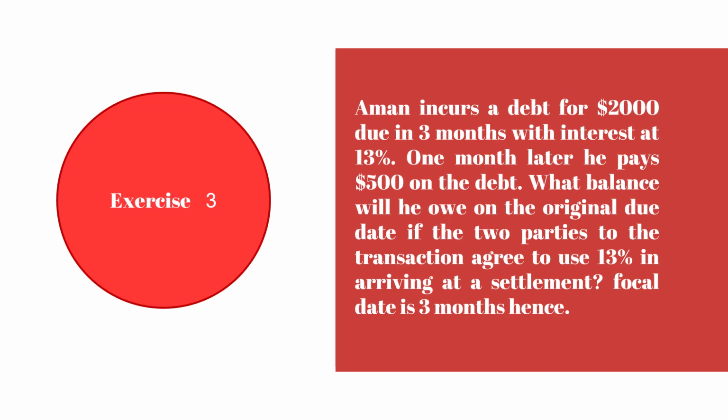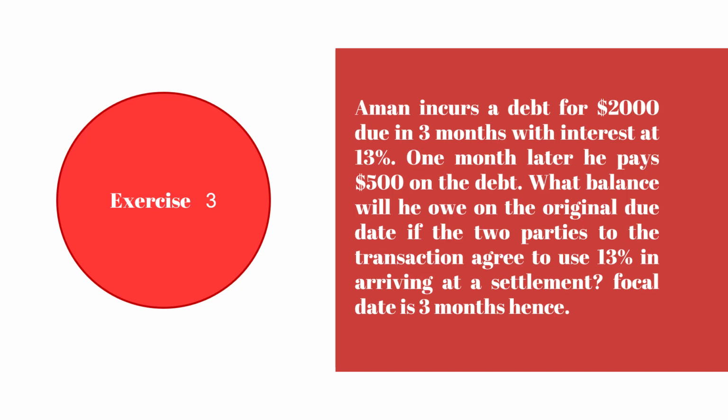After 1 month, he needs to pay $500 on the debt. Calculate the balance after 3 months. Note that the focal date will be after 3 months and the interest rate is 13%.